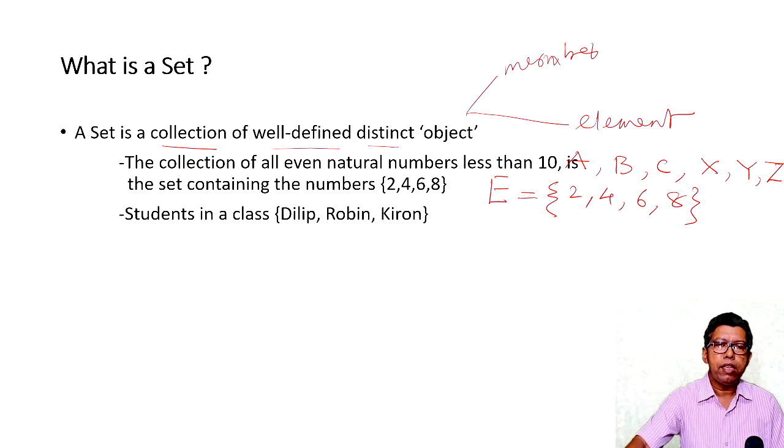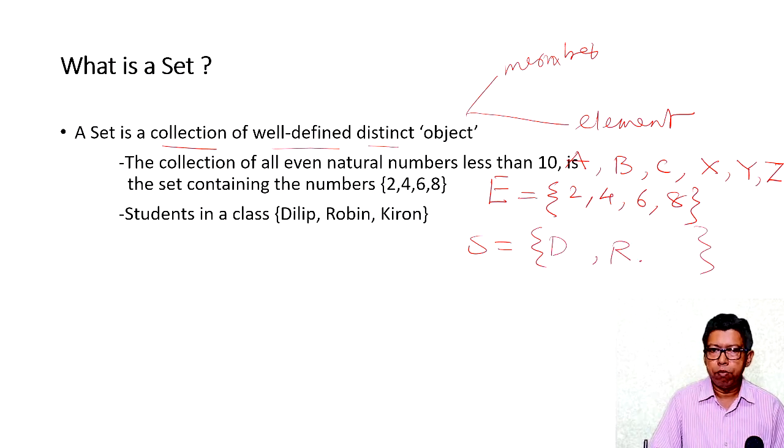Next is students in a class. Suppose the students are Dilip, Robin and Kiran. So you can write the set name as A, and the respective students are Dilip, Robin, and Kiran. You should consider that these elements, the members of the set, are separated by commas.